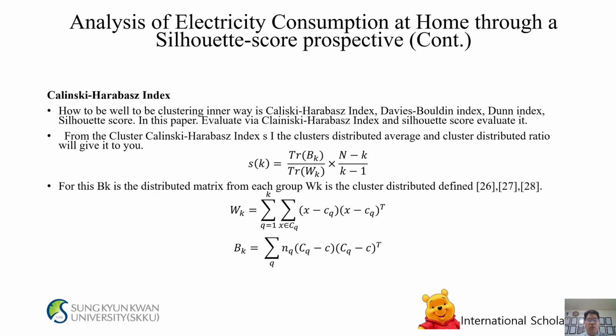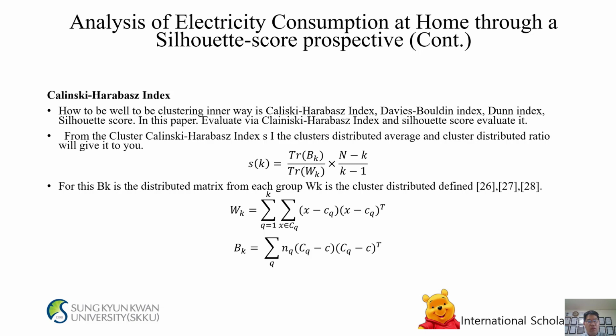Analysis of electricity consumption at home through a Silhouette score perspective continues. Calinski-Harabasz index: how to decide where to cluster. There are several ways: the Calinski-Harabasz index, Davies-Bouldin index, Dunn index, and Silhouette score. In this paper, it is evaluated via the Calinski-Harabasz index and Silhouette score.